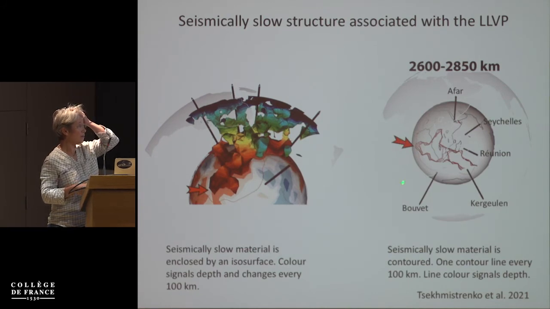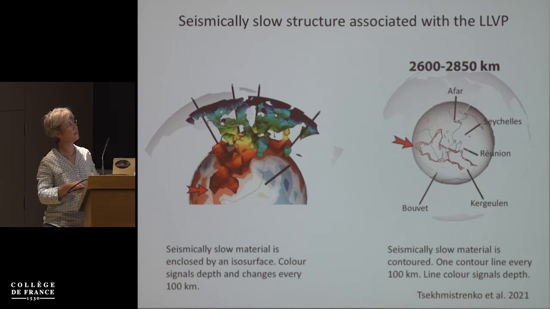What we're doing now is, just look at this side, and we're going to step from the lowest levels to higher and higher levels, and see how the structure develops. So here at the CMB, it's a very compact structure, the LLSVP, and it has a certain concentration here, and then it has some appendages, in particular one that goes here, one that goes towards Afar, and maybe a little one here. Now we step up.